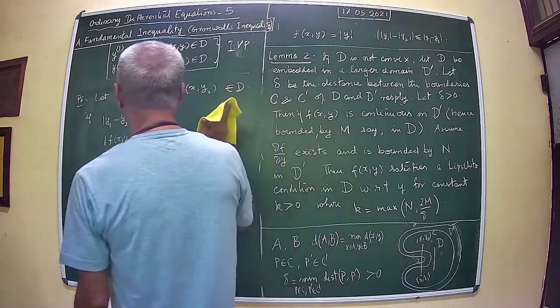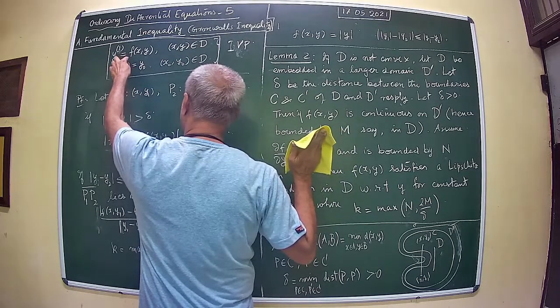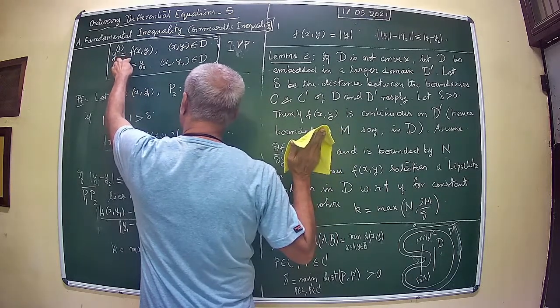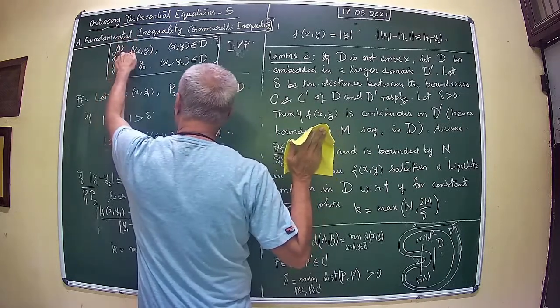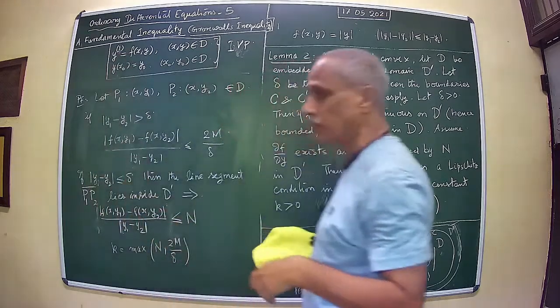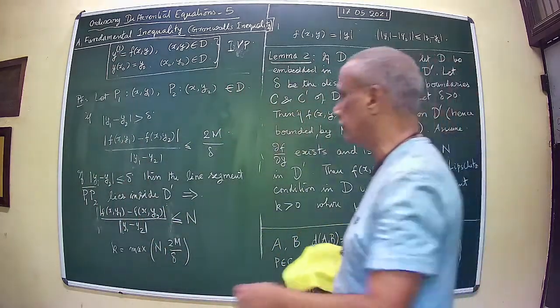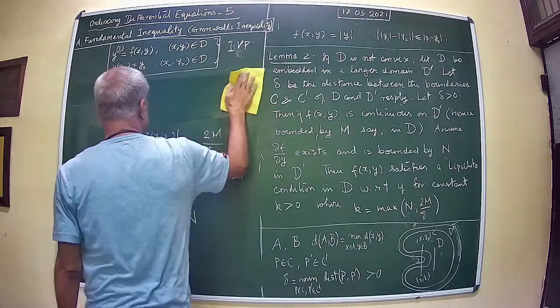So we will have to put conditions on f. A priori we are assuming f is continuous. We also have to put in some extra conditions, as we have seen in the example f(x,y) equal to y to the power 1/3. We will come back to that example and make more comments about it.